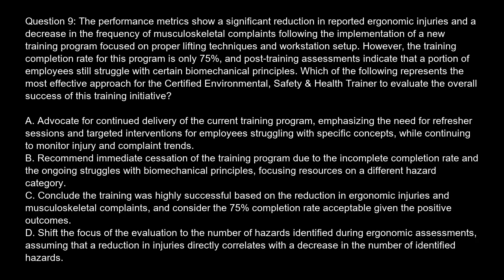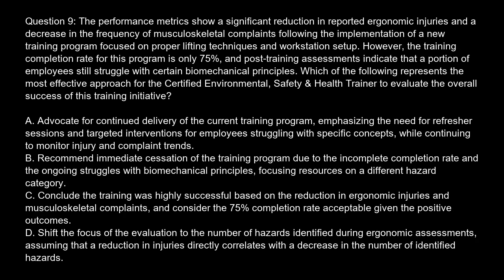Option A. Advocate for continued delivery of the current training program, emphasizing the need for refresher sessions and targeted interventions for employees struggling with specific concepts, while continuing to monitor injury and complaint trends. Option B. Recommend immediate cessation of the training program due to the incomplete completion rate and the ongoing struggles with biomechanical principles, focusing resources on a different hazard category.